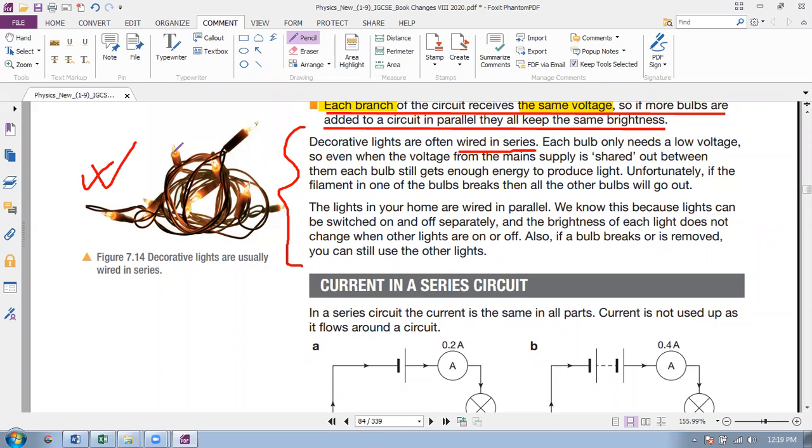The problem is that if one goes off, the whole series, all the bulbs will go off. That's why an additional wire is given in parallel, so that if one bulb goes off, there is a connection through that additional wire so that electricity can go to the next bulb, and to the next bulb.